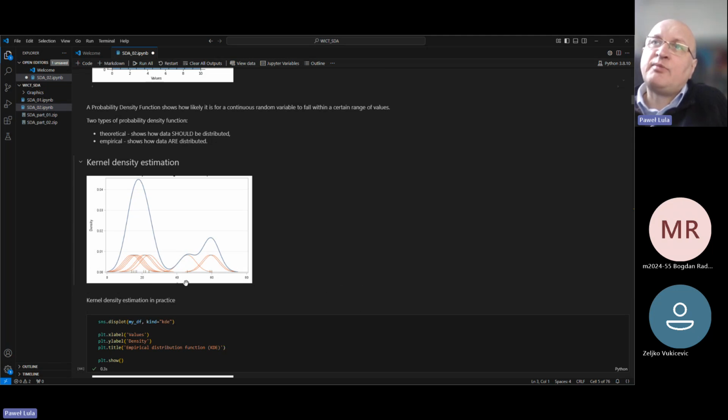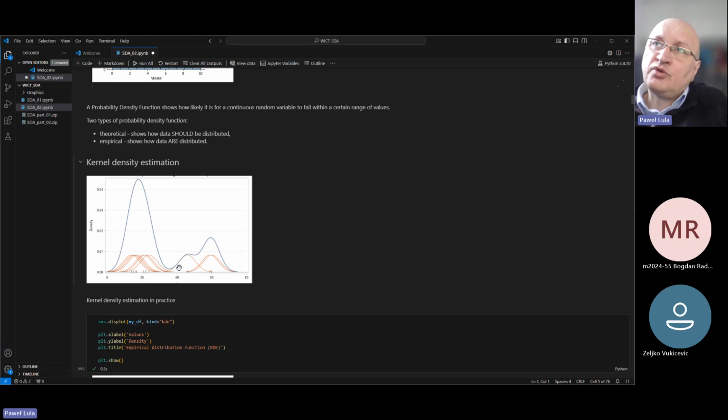For example, what is the probability that a value of this random variable belongs to a range from 20 to 40?